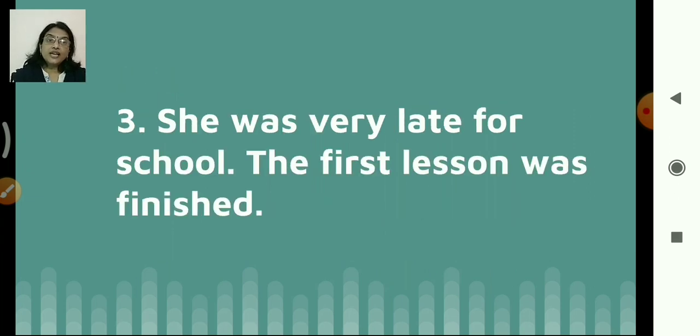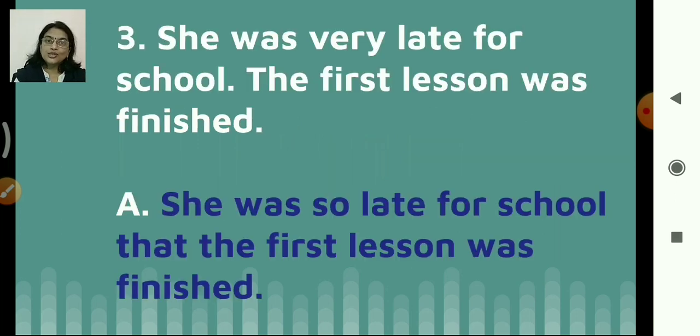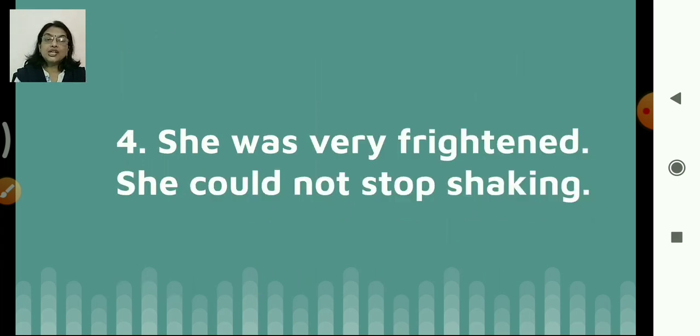She was very late for school. The first lesson was finished. So what will be the answer? She was so late for school that the first lesson was finished. She was very frightened. She could not stop shaking. Again, we have to join it.